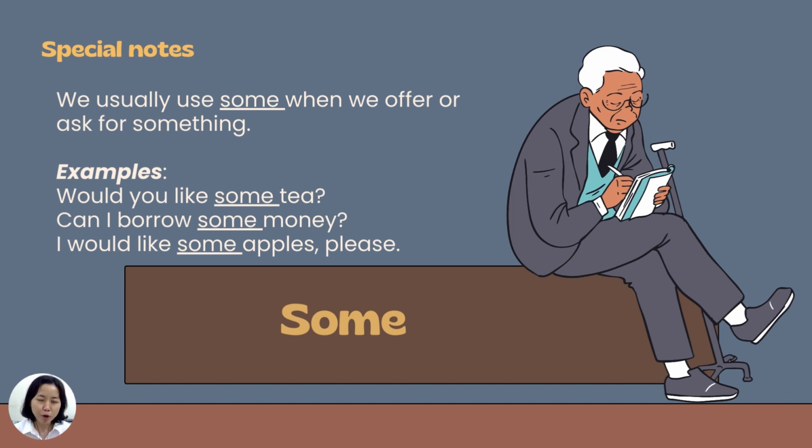The type of this sentence is an affirmative sentence, a statement. So it's legal to use some in this sentence. So this is an exception. You can use some in a question if you offer or ask for something.